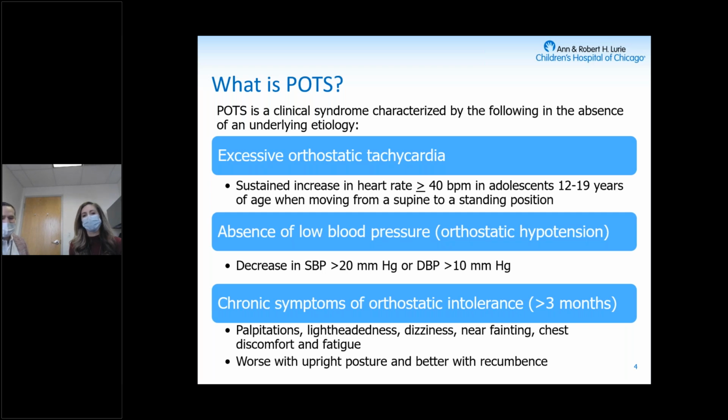If you have those findings with an increase in your heart rate, then hydration would actually be the typical treatment. So you need to have an absence of low blood pressure. And then finally, chronic symptoms, which means they have symptoms of orthostatic intolerance lasting greater than 3 months.